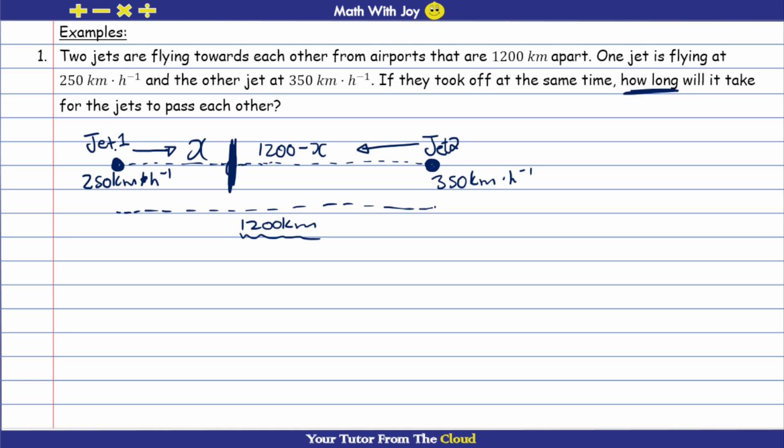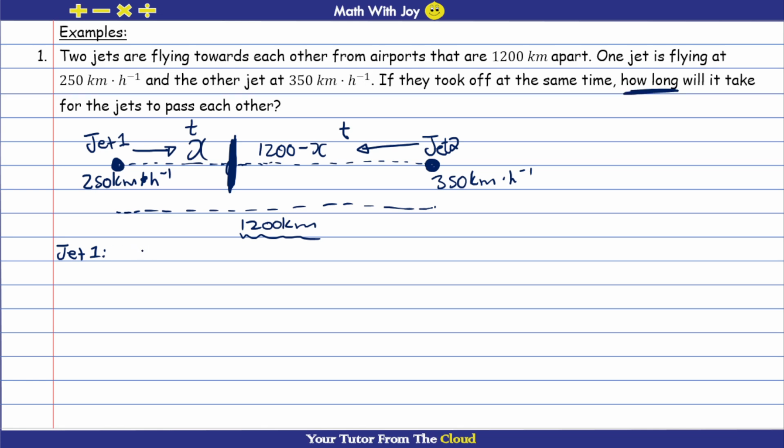If jet 1 travels some distance, whatever distance is left belongs to jet 2, so that they pass each other there. That's why I said 1,200 minus X. That's how far jet 2 will have to travel for them to pass each other at this point. And their times are both t, because I also don't know the time, but they will be the same. So t and t. Right. So let's formulate an equation for jet 1.